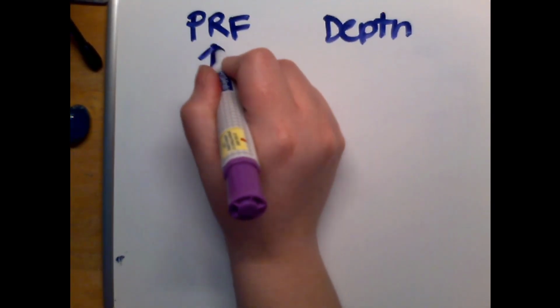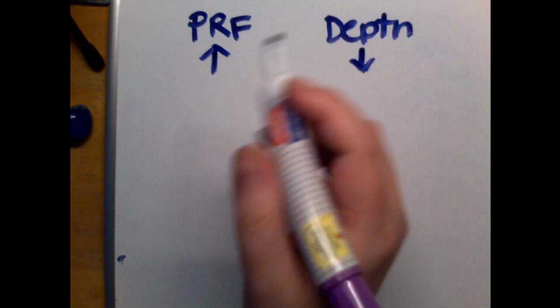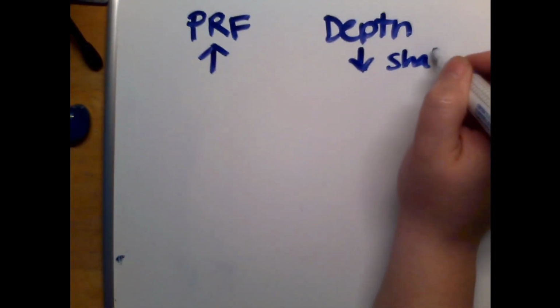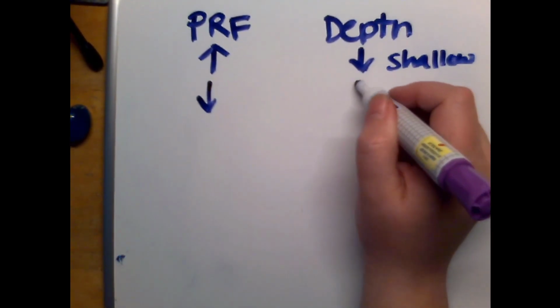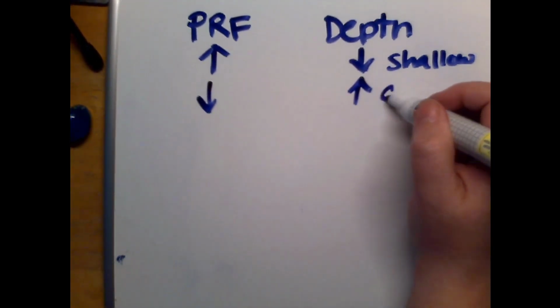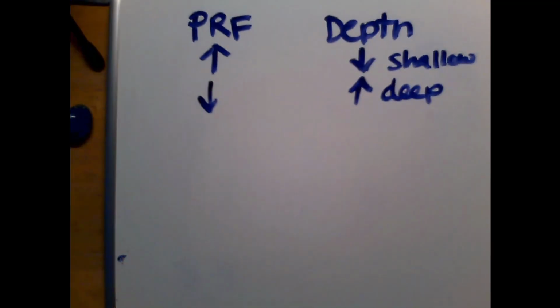When PRF increases, depth is going to decrease or be shallow. And when PRF decreases, depth will be increased or be deep imaging. And that is because, again, of that listening time. And it has, again, to do with the PRP.